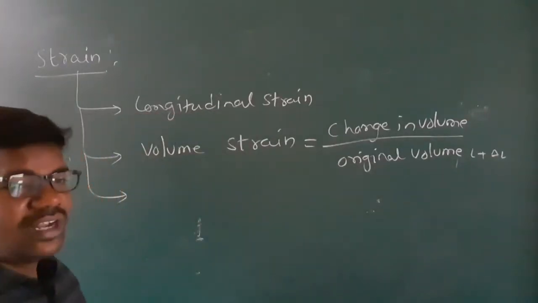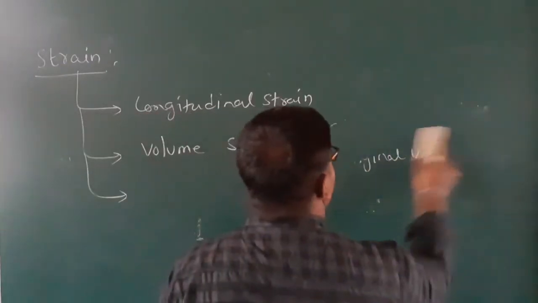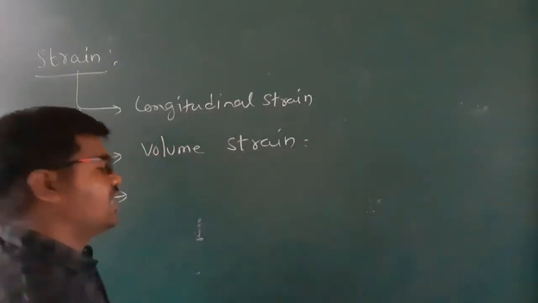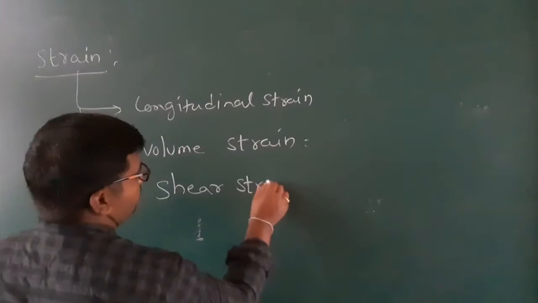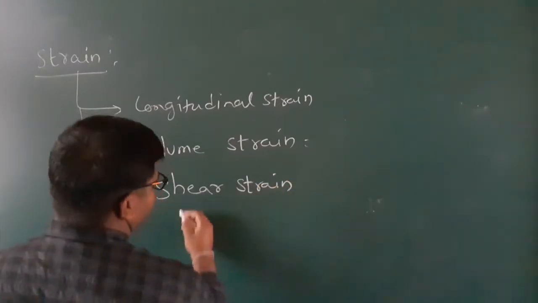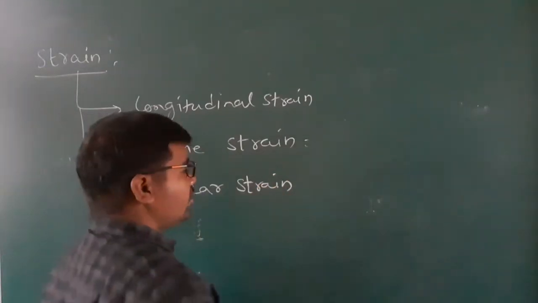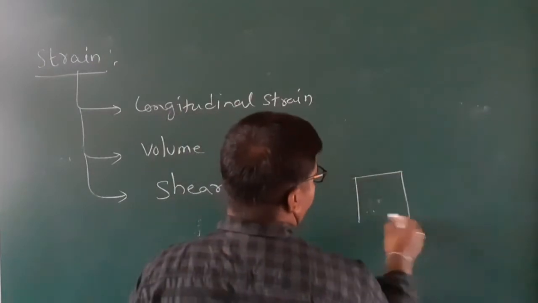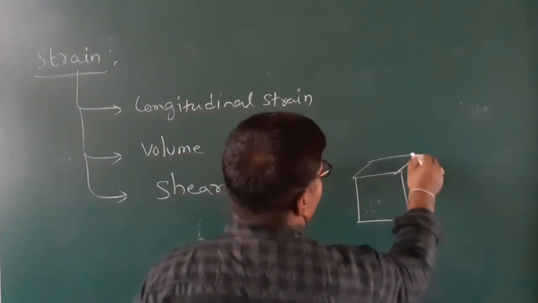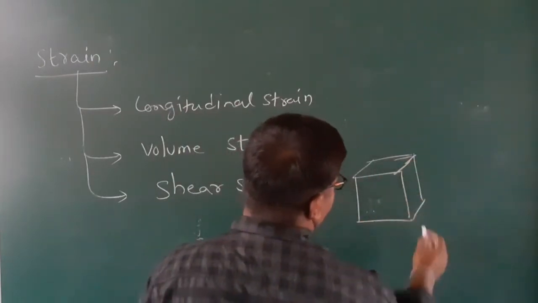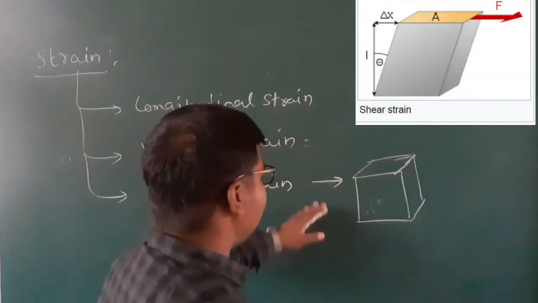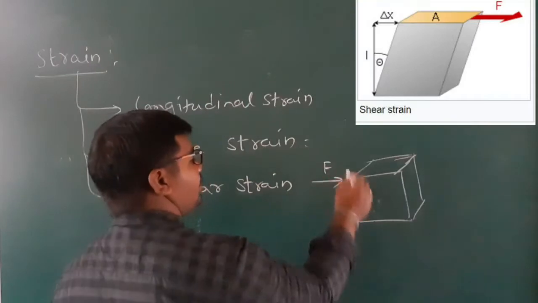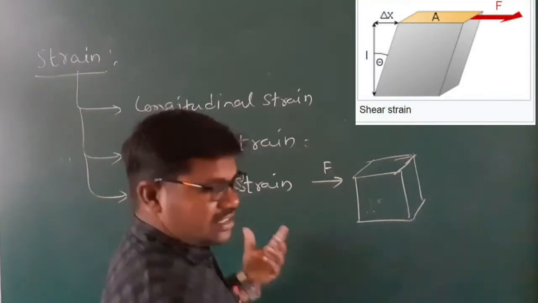And the third one, what, my children? Shear strain. Whenever we consider this type of body, you can draw this 3D diagram. Here a force is applied tangentially, so we get shear stress.